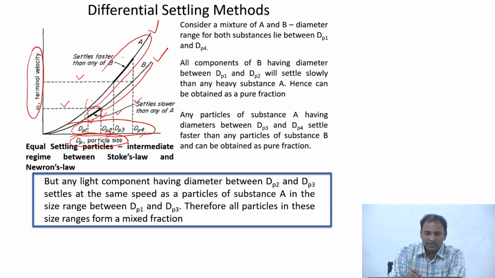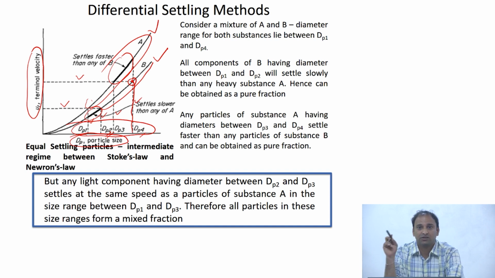So what can I say about this size? If I go vertically, that is the settling velocity of the largest size B type.